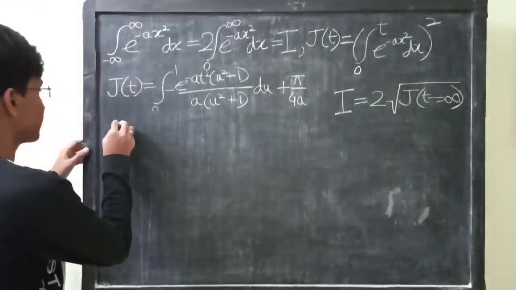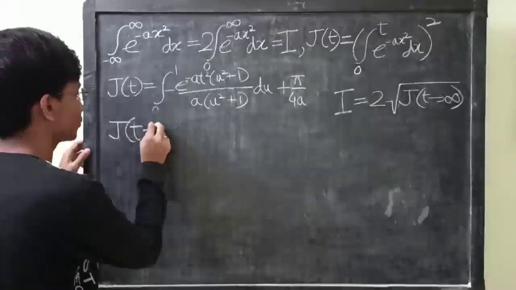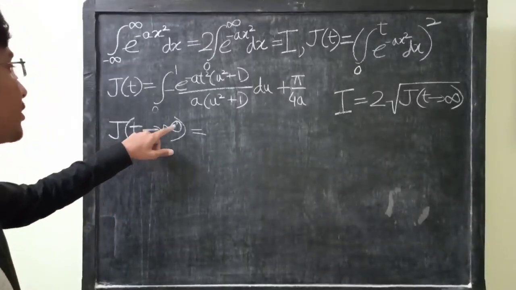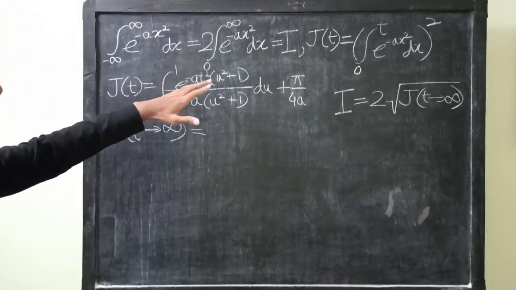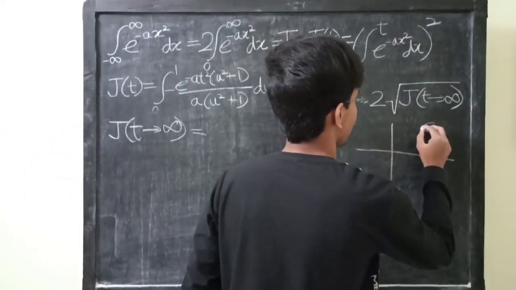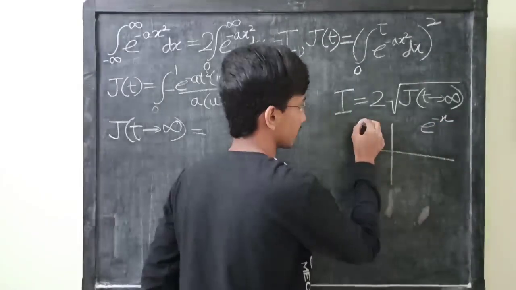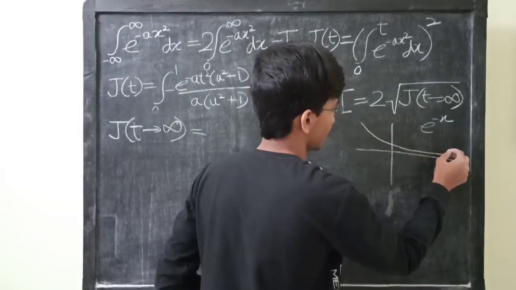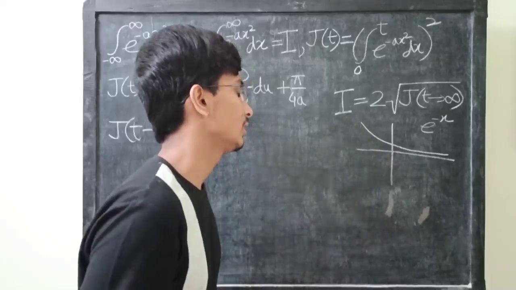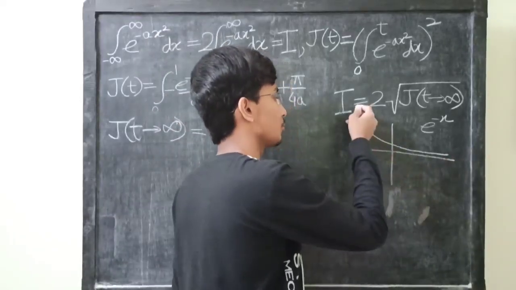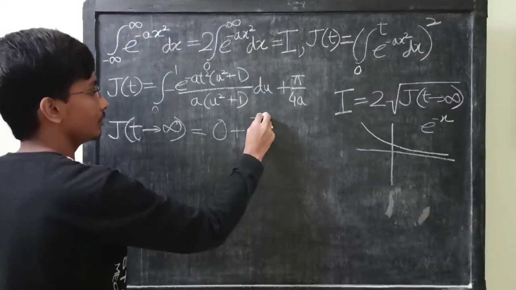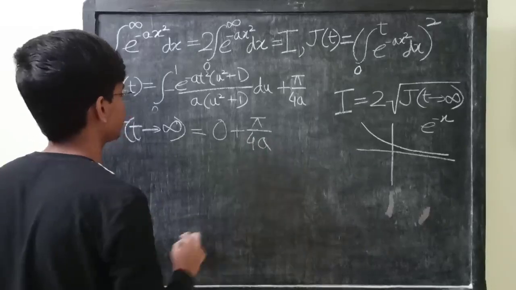Now for this j when t tends to infinity, putting infinity in place of this t, we have e to the power minus infinity square, which is just 0, because the graph of e to the power minus x is somewhat like this. The x-axis is an asymptote to this curve and it cuts at 0, 1. So when x approaches infinity, this y approaches 0. So this whole thing becomes just 0 and we have this pi over 4a.